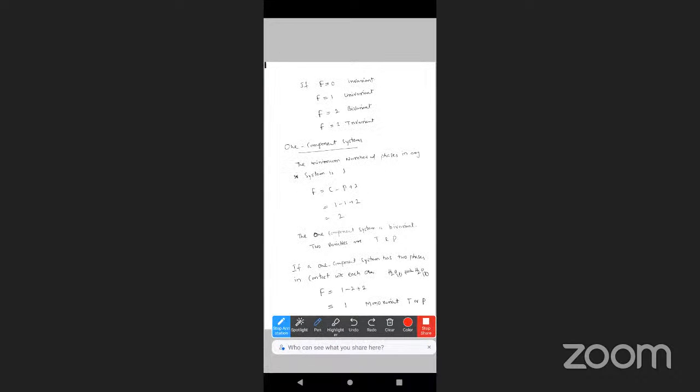Now let us illustrate by this explanation of the one component system. Which are called one component systems? If there is no change in composition of that substance, such systems are considered one component systems.